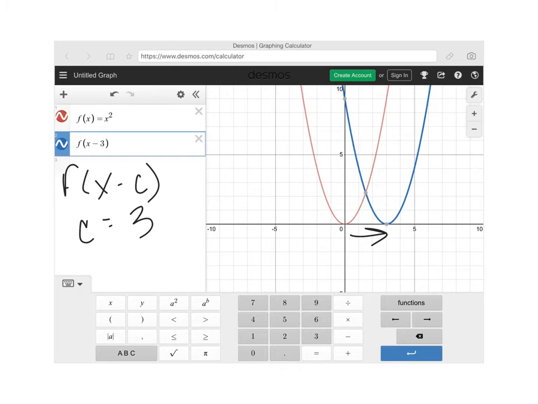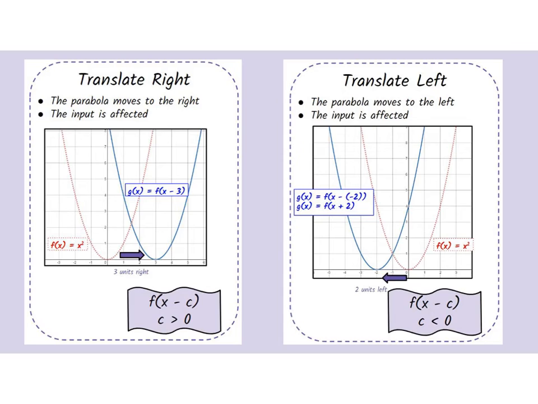Okay, so that is something a little bit tricky you have to pay attention to. Since that negative sign is already in there, that means c had to be positive. Let's go back to the next slide where I made little posters.